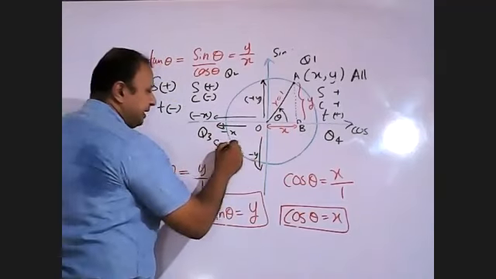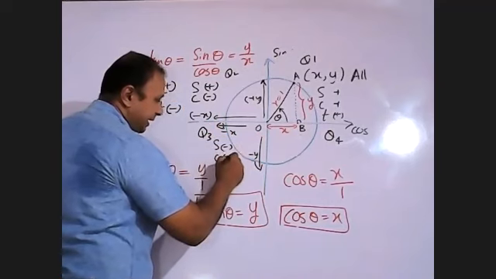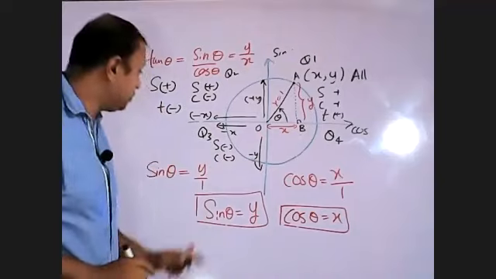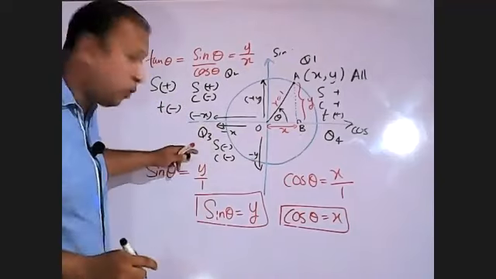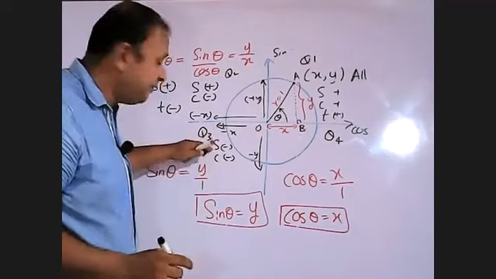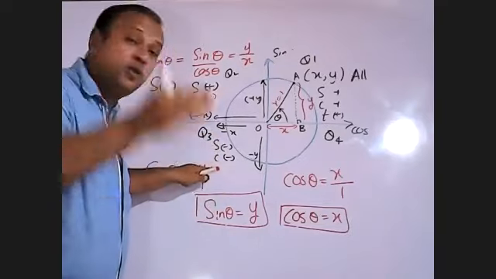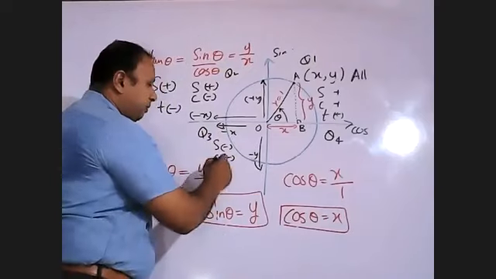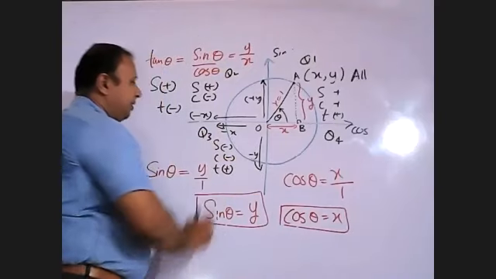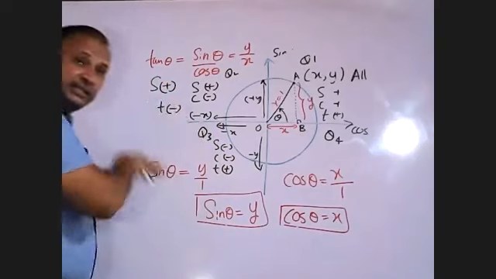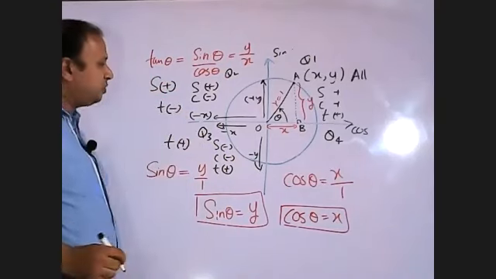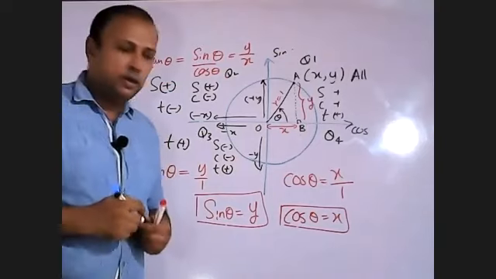But tan theta is positive because tan theta is equal to sin over cos. Minus value divided by minus value will be a positive. Therefore, in the third quadrant, tan values are positive.